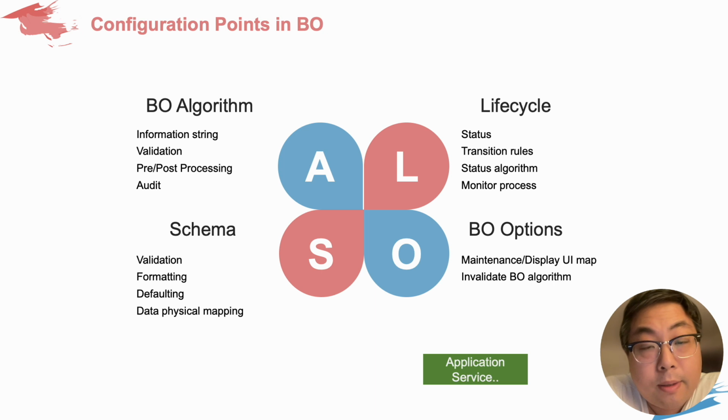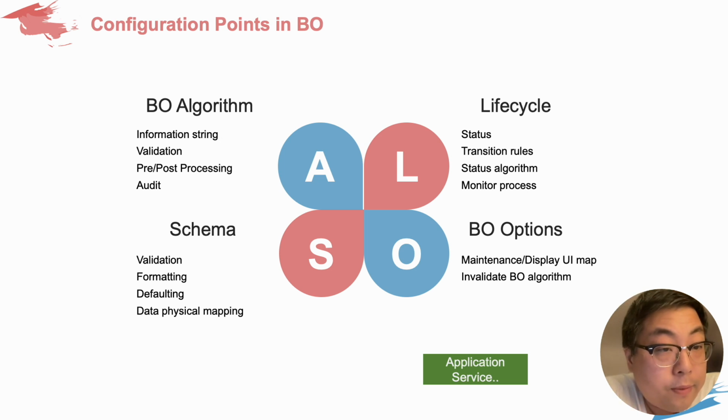The second, in the life cycle, you can define status, transition rules between the statuses, and algorithms running in the status, which we will see later. It happens at monitor, enter, exit, different system events, and also the monitor process on the lifecycle status, which is batch driven.